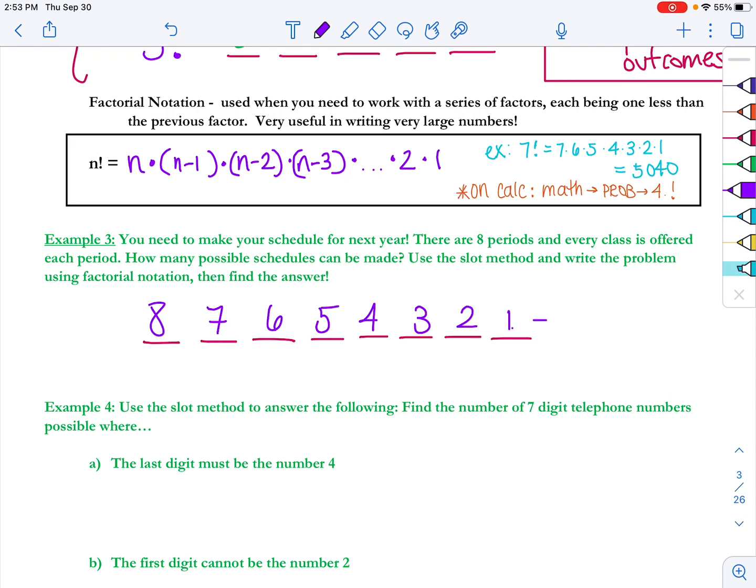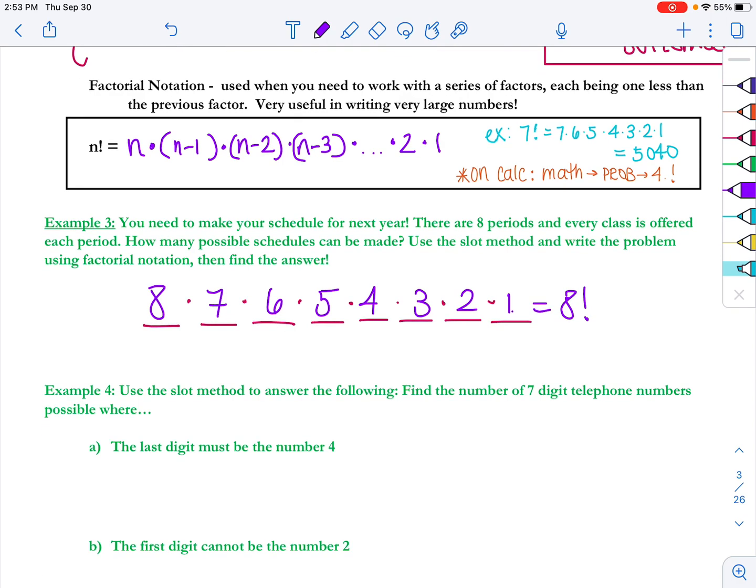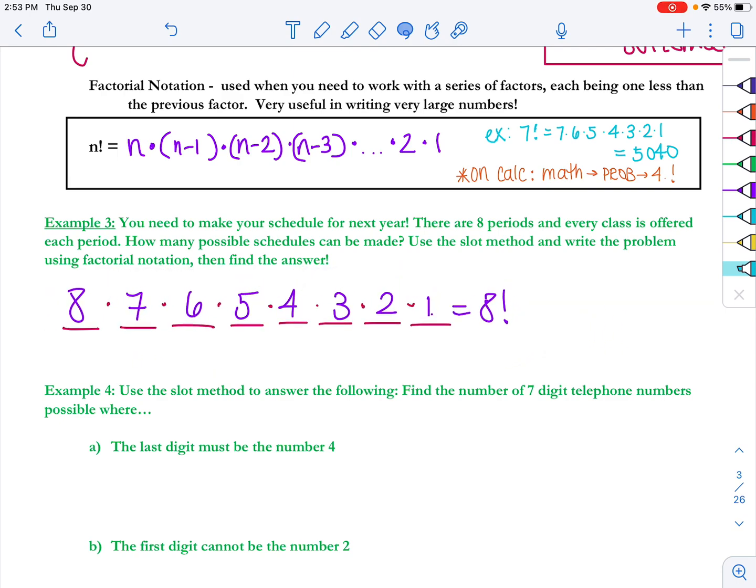Again, this is the same as saying 8 factorial. So you could either type this in your calculator where we're multiplying all of these numbers down, or you can do 8 factorial in your calculator. Either way, you're going to get 40,320 possible schedules that you could choose from. That's a lot.